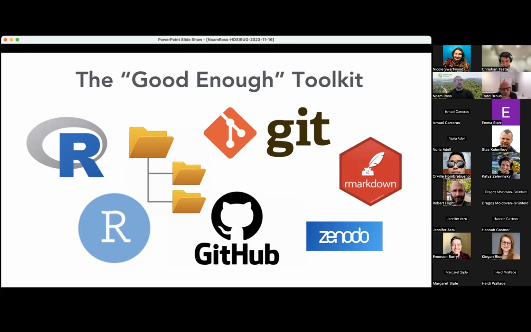A mechanism for publication and development of often literate code or reproducible documents in the R context has historically been R Markdown or more recently Quarto, and a publishing approach and a publishing platform. And so repositories for your software or your data, such as Zenodo, or in some cases, the more accessible but less archival ones, such as GitHub.